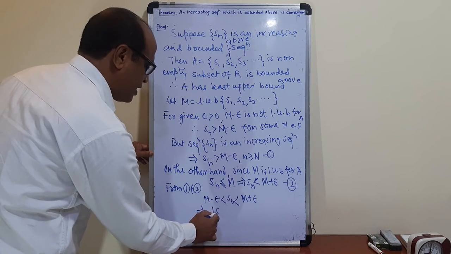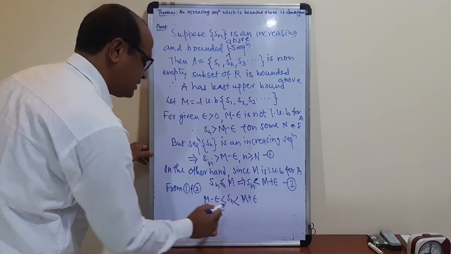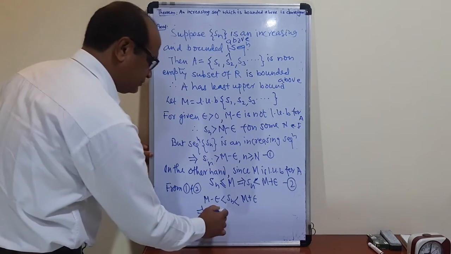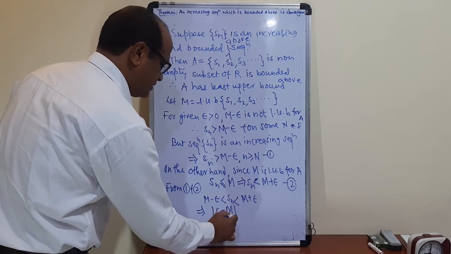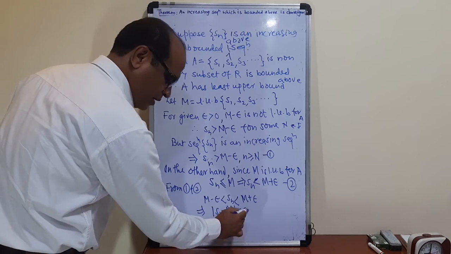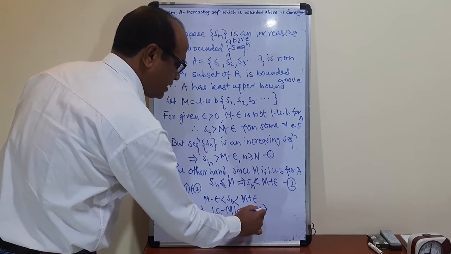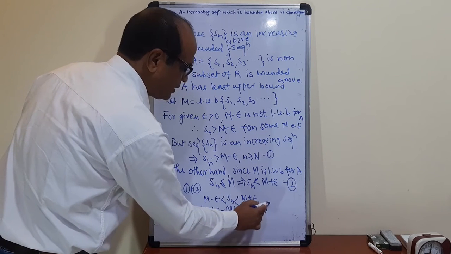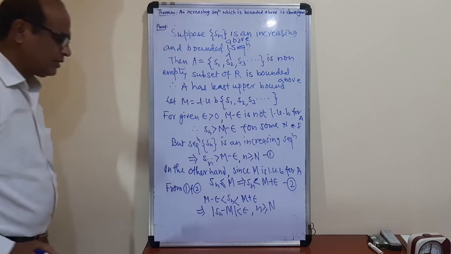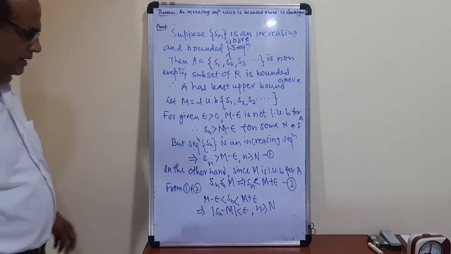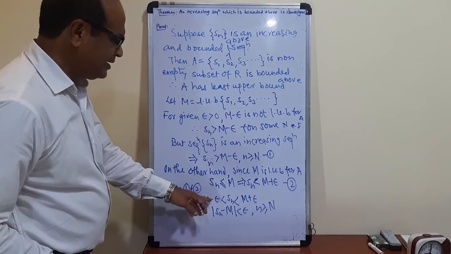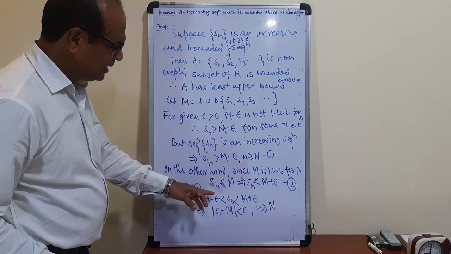Therefore mod of Sn minus m is less than epsilon, for n greater than or equal to capital N. So this inequality we convert here.